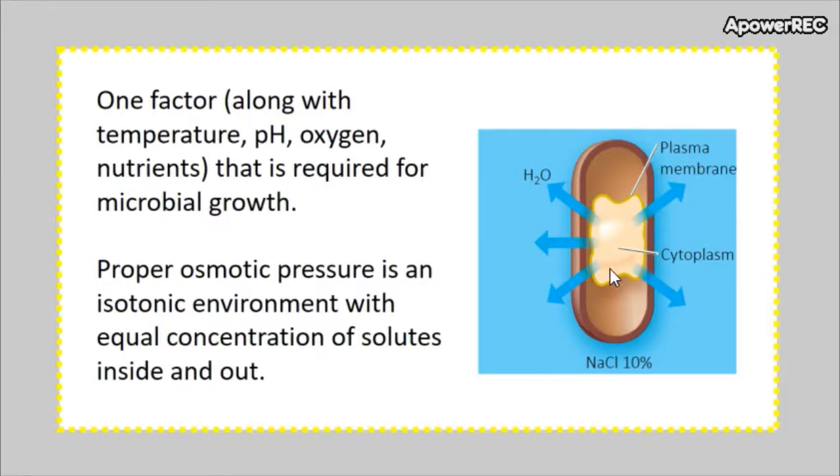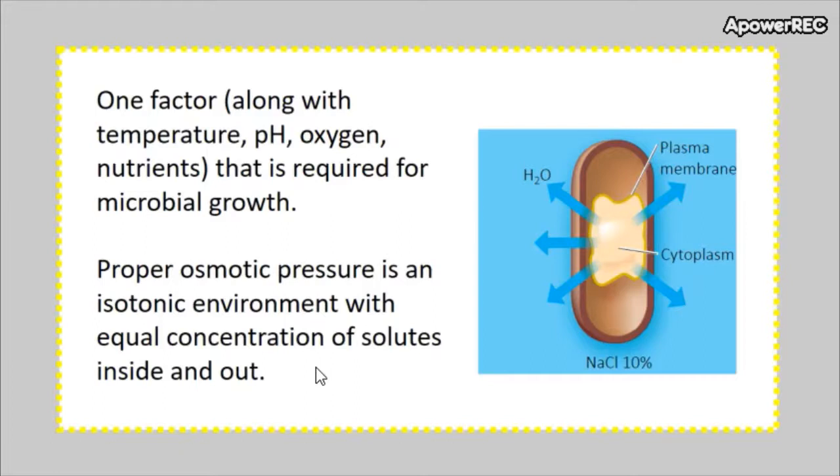It's one factor, along with temperature, pH, oxygen, and nutrients, that certain conditions are required for microbial growth. This proper osmotic pressure is usually an isotonic environment where there are equal concentrations of solutes inside and out of the cell. Remember, solutes are ions that are in solutions, such as sodium or chloride ions, any sort of salts. Sugars can be another one.